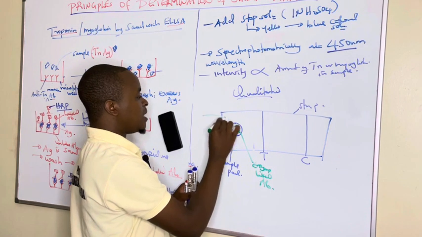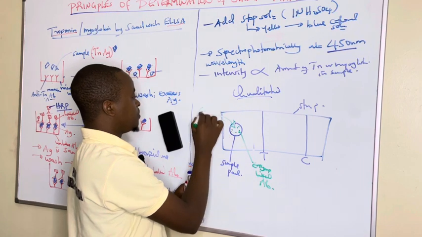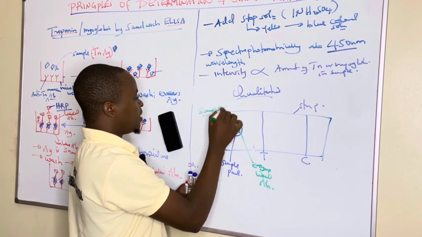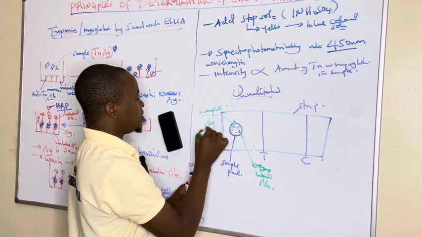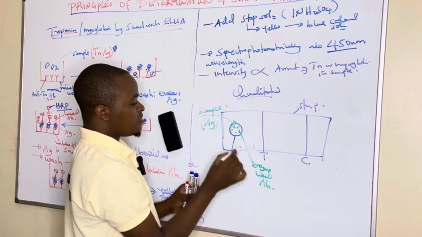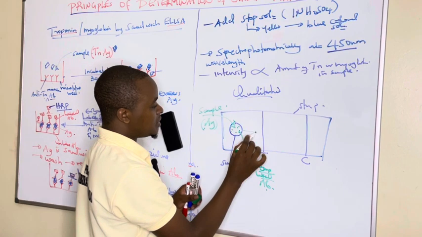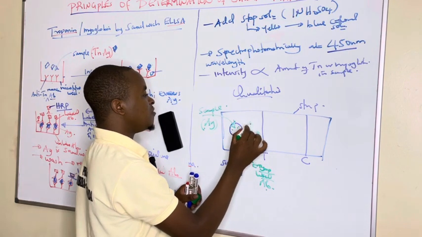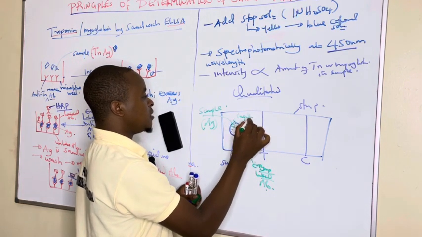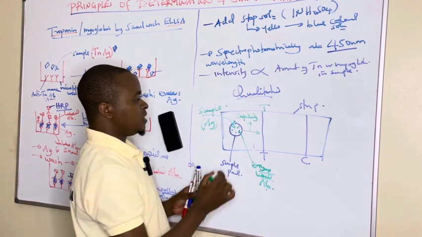So whenever you add a sample, if the sample contains the antigen, this antigen reacts with the enzyme linked antibody and they move together by capillarity towards the test region.